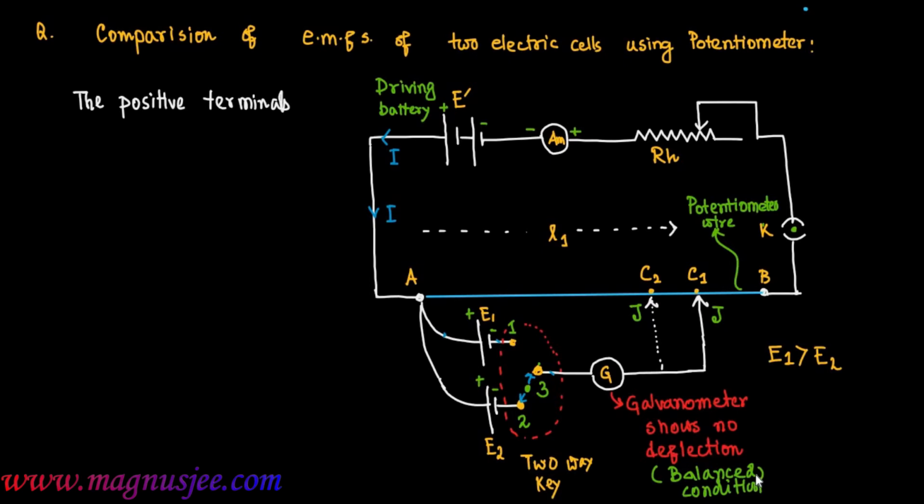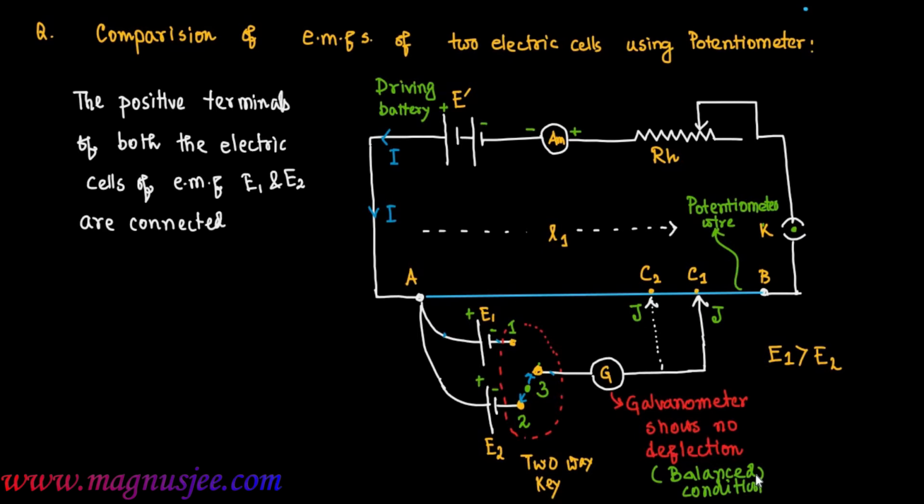The positive terminals of both the electric cells of E.m.f. E1 and E2 are connected to the point A of the potentiometer wire AB.